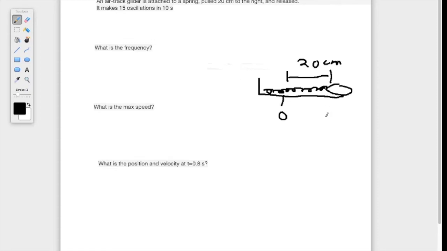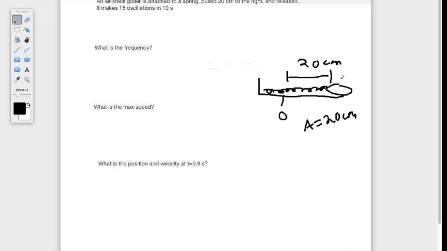So it's pulled back 20 centimeters, right? So it is pulled back as far as it can. Therefore, it is the amplitude. So A equals 20 centimeters, right?